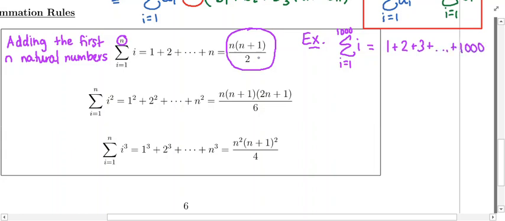Use the shortcut. n is the upper limit of summation, so that's 1,000 here. So plug into the formula. It's going to be 1,000 times 1,000 plus 1 divided by 2.